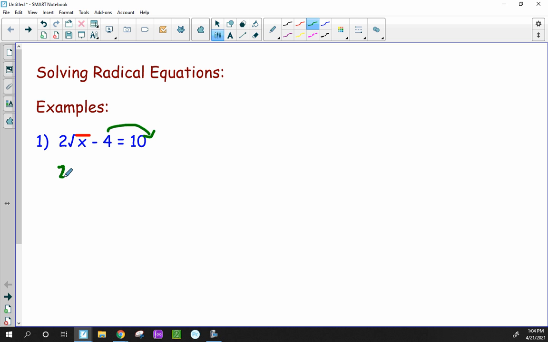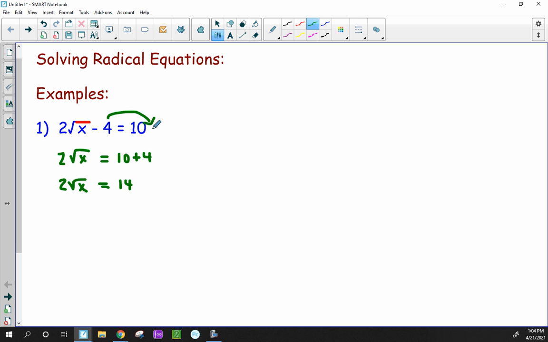So you would show underneath this step, 2 times the square root of x is equal to 10 plus 4. Then you would get 2 times the square root of x is equal to 14. Okay, so your first step is a transposing move.